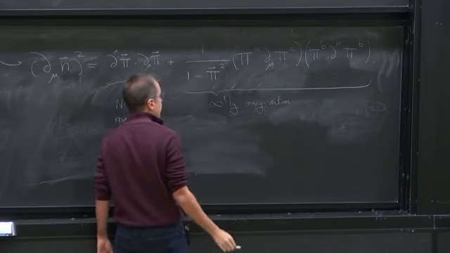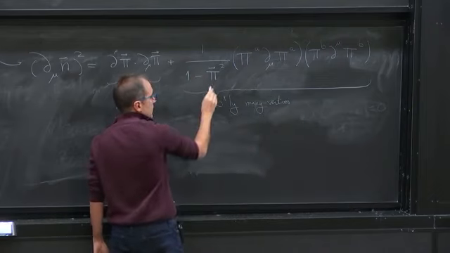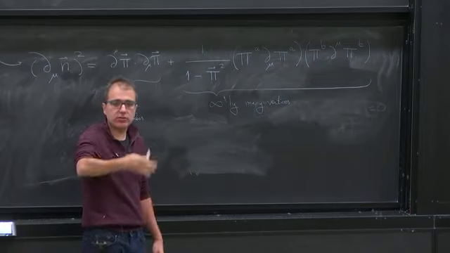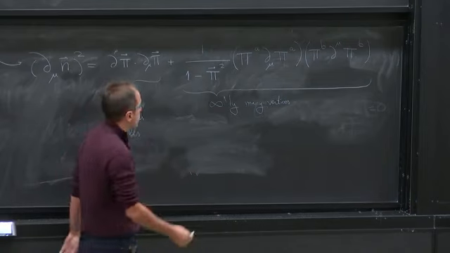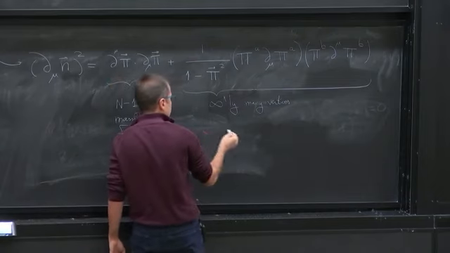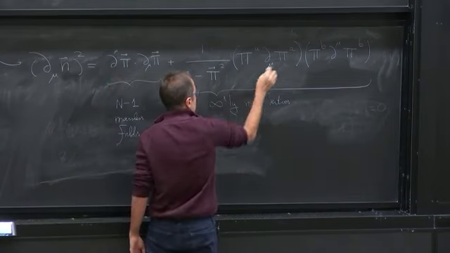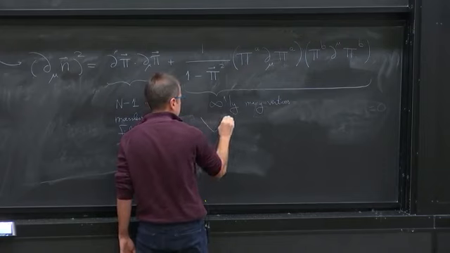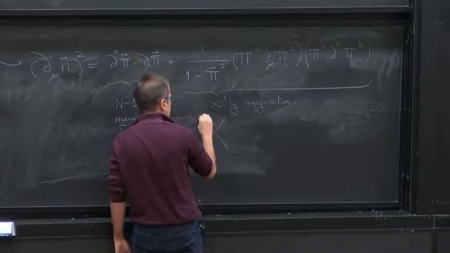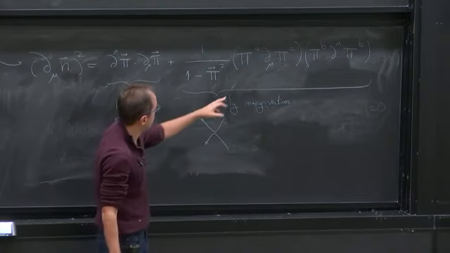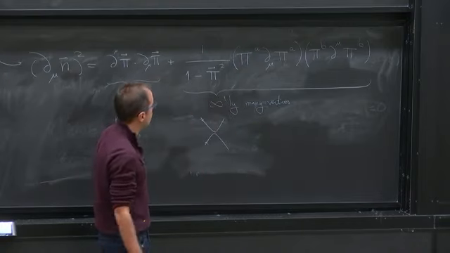Why do I say infinitely many? Because expanding this 1 minus pi squared in a geometric series will generate pi squared, pi 4, pi 6, etc. And so we will have an infinite sequence. The first vertex would be just what is written here. I can draw it like this: the index A goes like this, the index B goes like this, and the derivative is on the leg A. This would be the vertex.